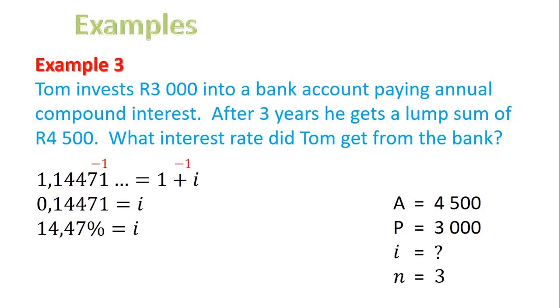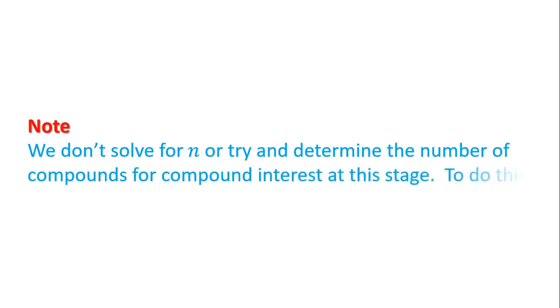That's example 3. Now, the only thing we haven't looked for is n. We haven't found the time period. But that is something we don't need to do at the moment. Very important. We don't need to solve for n or try and determine the number of compounds for compound interest at this stage.